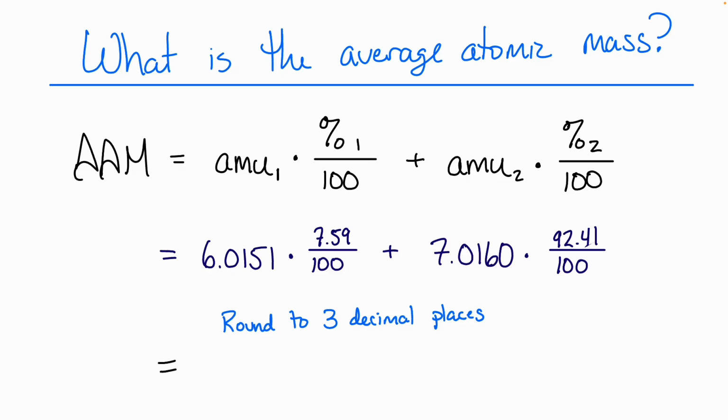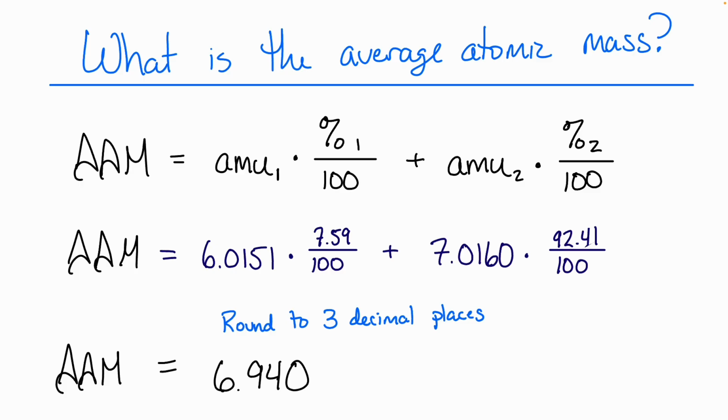Okay? So our average atomic mass of lithium is going to be that 6.0151, the mass of lithium-6, times its percent abundance divided by 100, plus the mass of lithium-7 times its percent abundance divided by 100. And the calculator spits out 6.940.